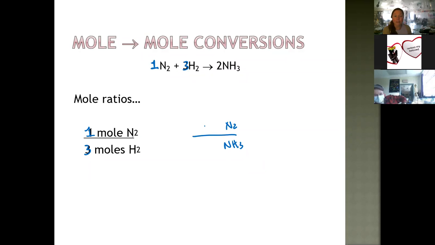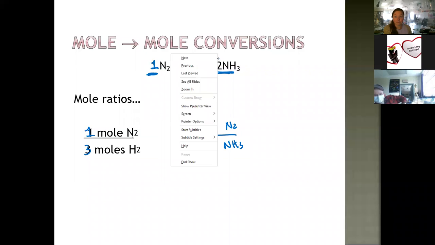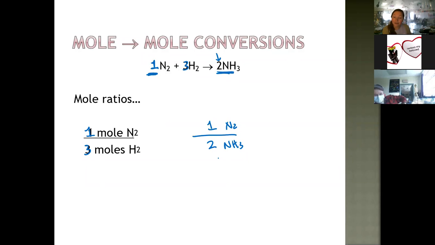What should I put on top? 1, of course. What should I put on the bottom? Oopsie. 2. So I can build a ratio of nitrogen to ammonia. 1 mole of nitrogen is required to make 2 moles of ammonia.